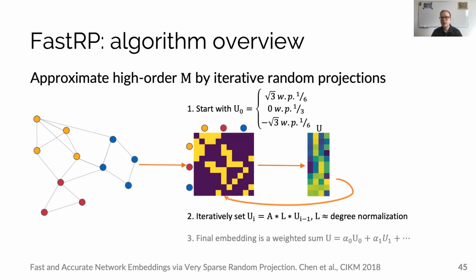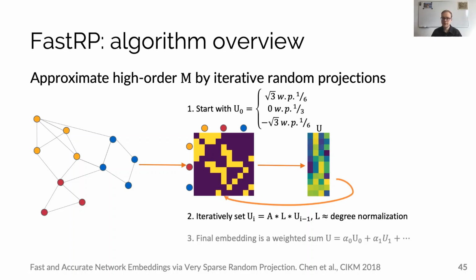The only difference to RandNE is that we iteratively set the next embedding by the adjacency matrix times the previous one, but we also introduce some kind of degree normalization. It turns out that this is what is needed to fix the problems of RandNE on real-world data. The final step is exactly the same.